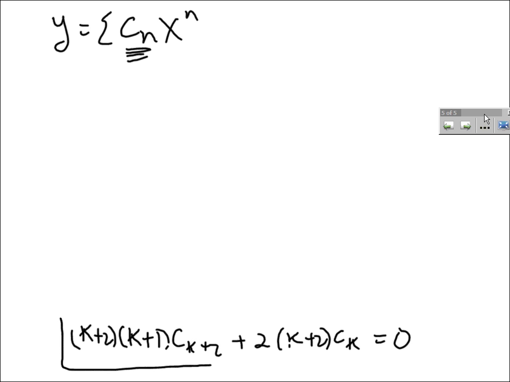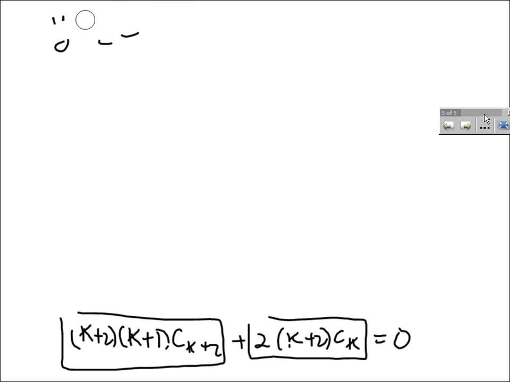So it's this term plus this term is equal to 0. So I want to solve for the factor that has the largest power of k. This is just k, but that's 2 more. So I want to solve for c sub k plus 2.